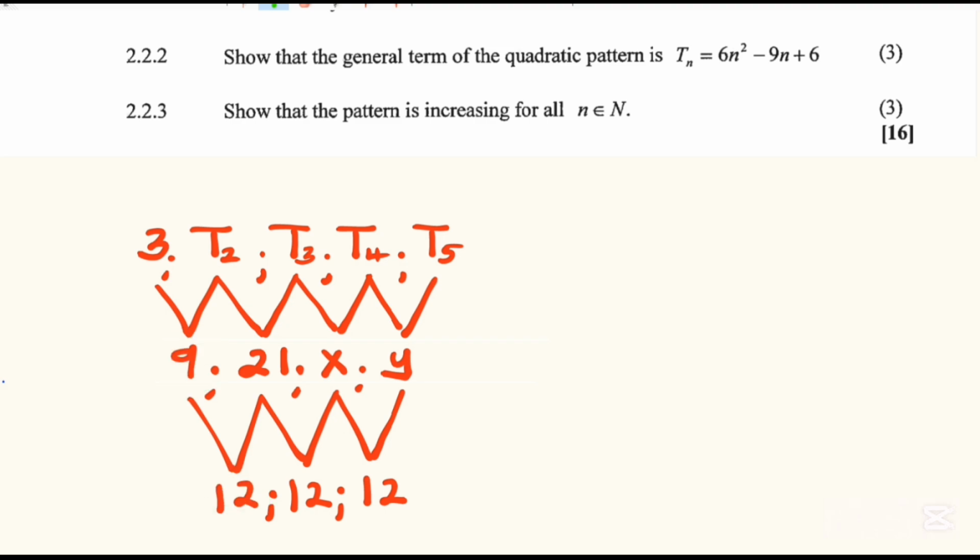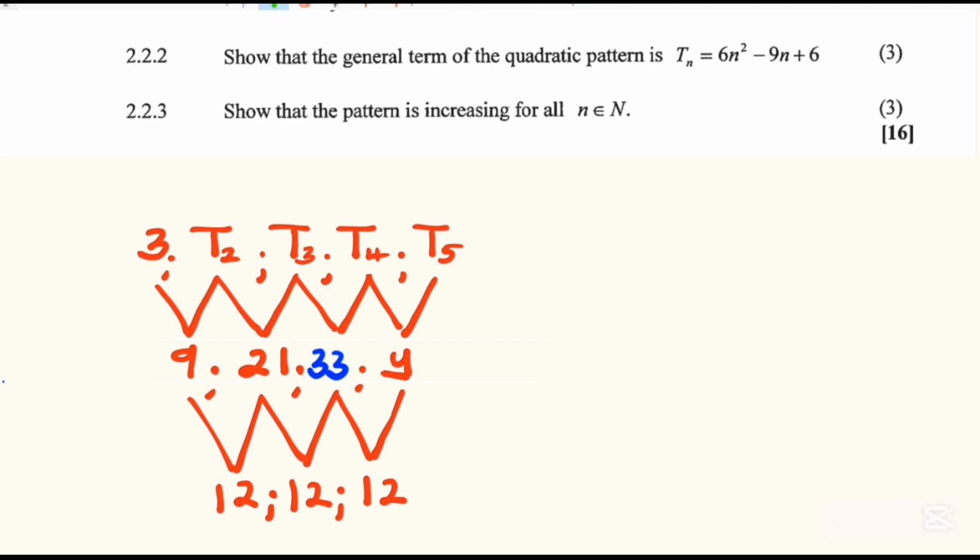And also, we expect that 21 plus 12 will be equal to X. So 21 plus 12 is equal to 33. And we expect also that 33 plus 12 will give us the value of Y. So 33 plus 12 is equal to 45.